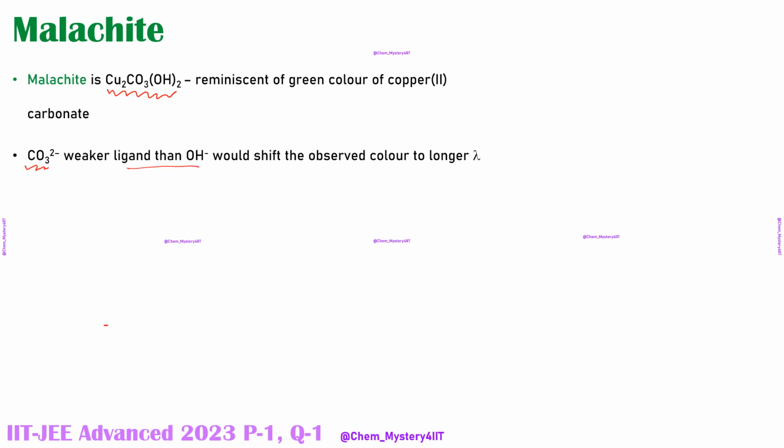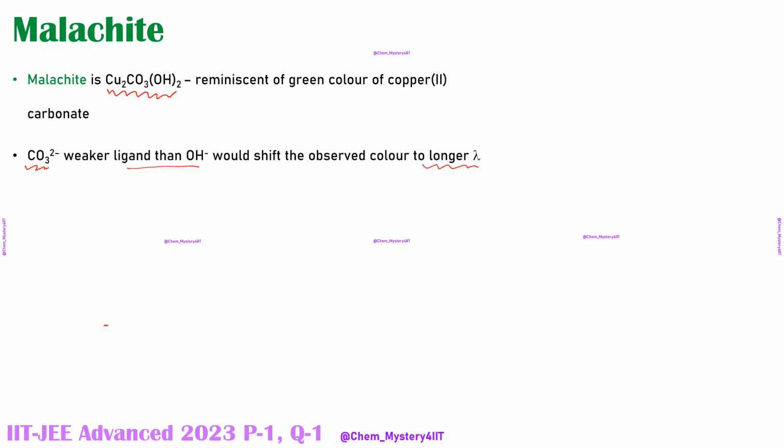So this will be absorbing at lower wavelength of that VIBGYOR spectrum in the visible region. So in the color wheel, the color which will be observed will correspond to longer wavelength in comparison to blue color. And the longer wavelength in comparison to blue, coming very next to it, is green. That is how we explain why malachite is green.